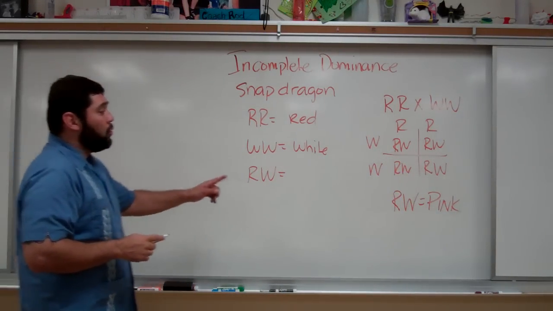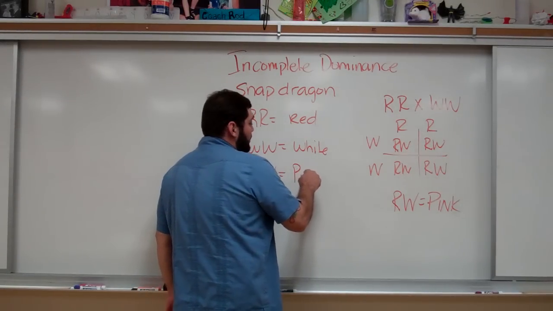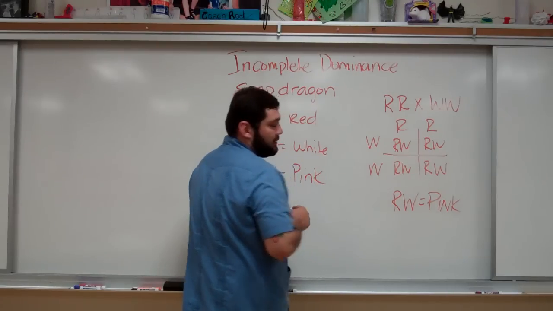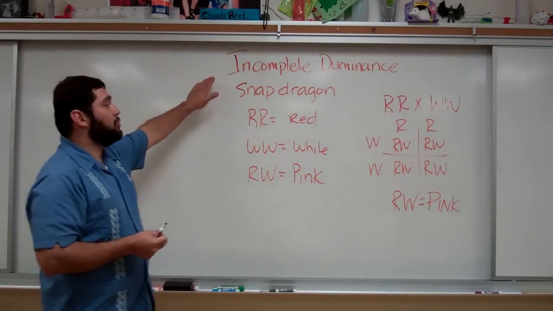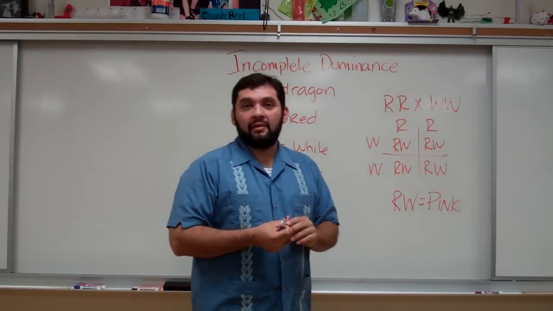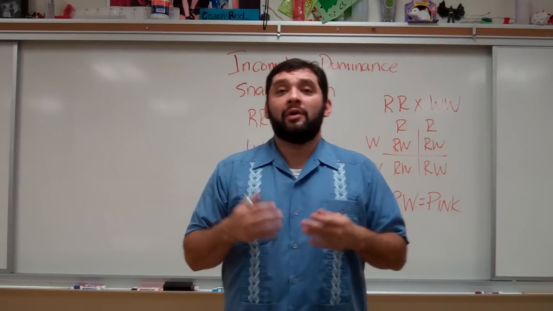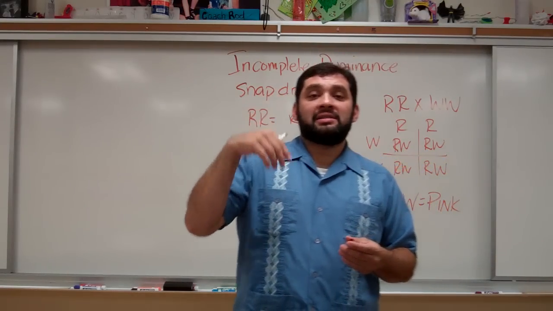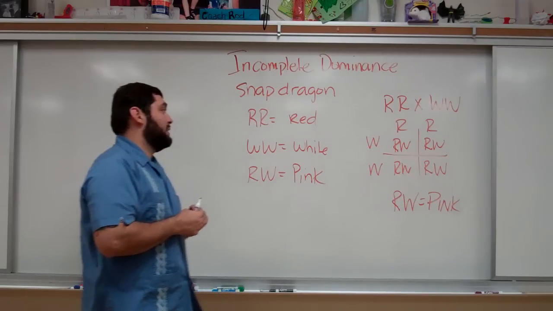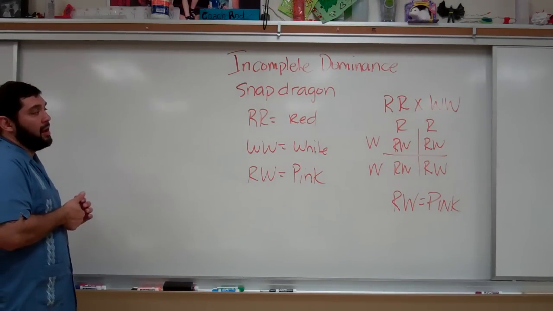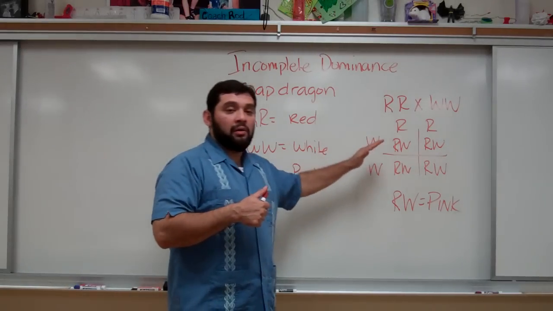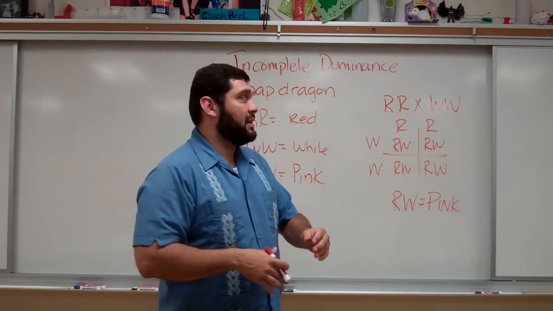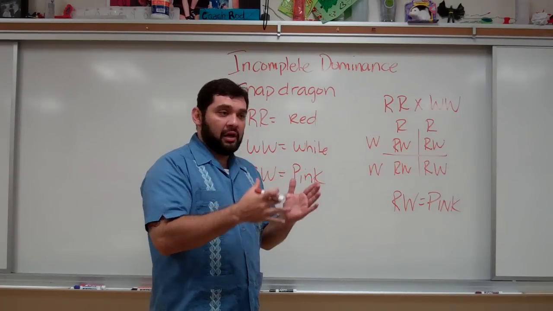So when you cross in an incomplete dominant situation, you have a blended thing. It's kind of like putting milk in coffee. One's brown, one's white. You get kind of like a tan look. It's the same concept in incomplete dominance. So the difference between codominance and incomplete dominance is that in codominance you have both colors show up.